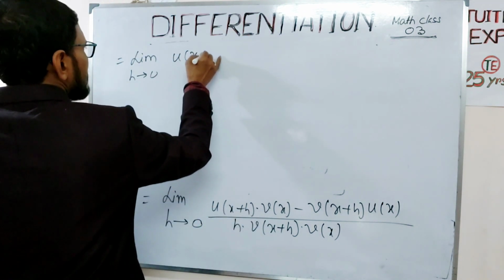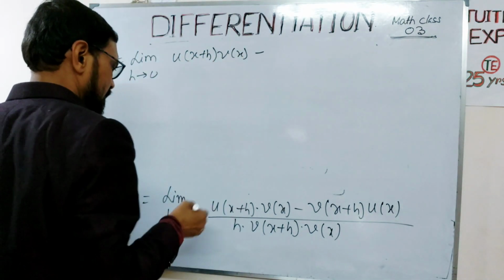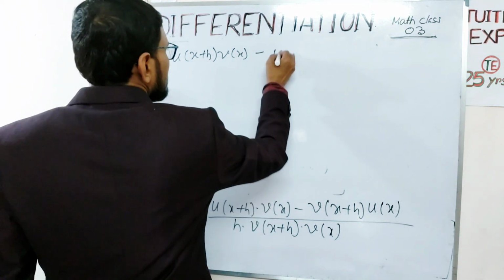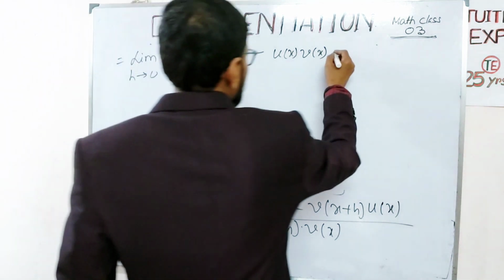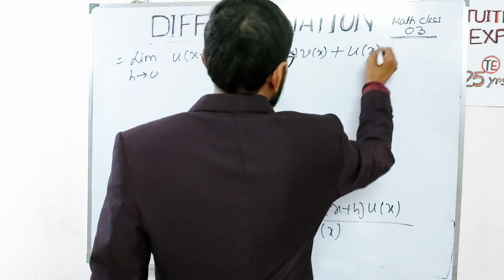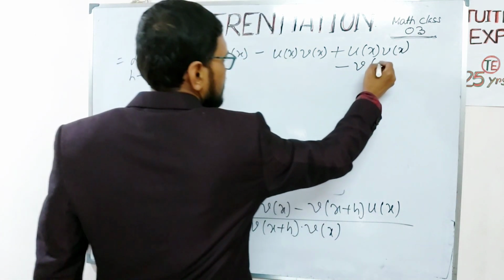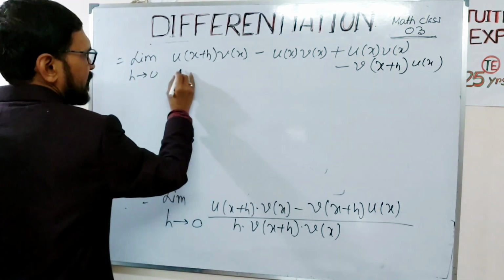u of x plus h into v x minus u x v x, adjust this, plus u x v x minus v of x plus h into u x, divided by h.